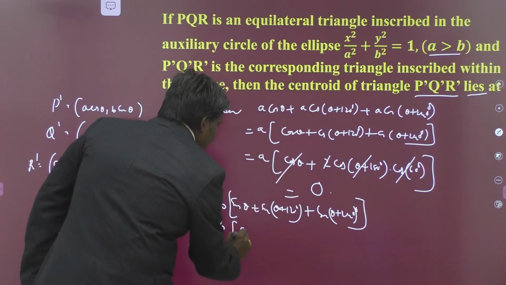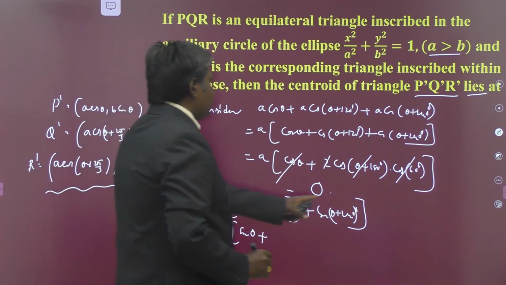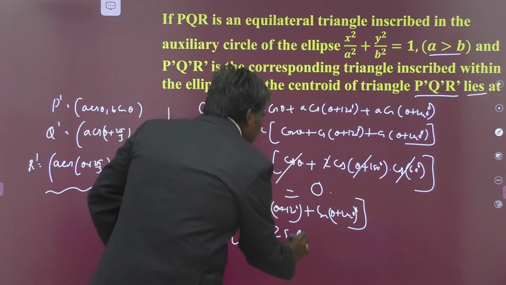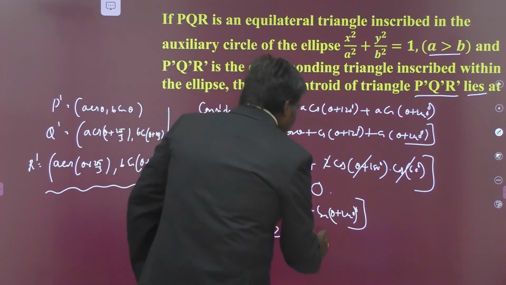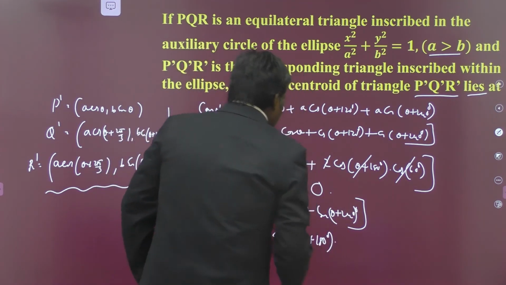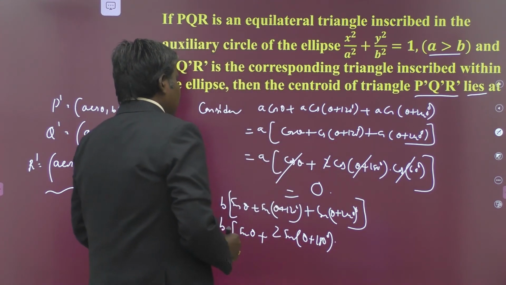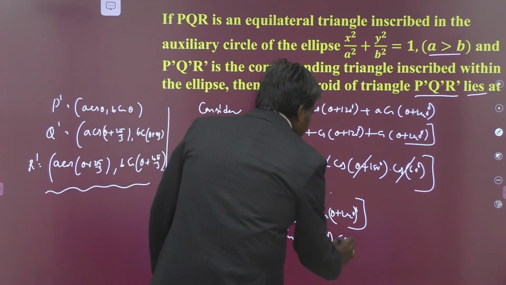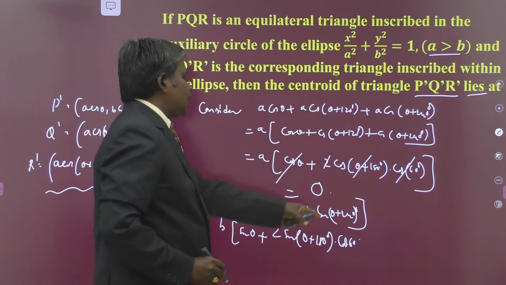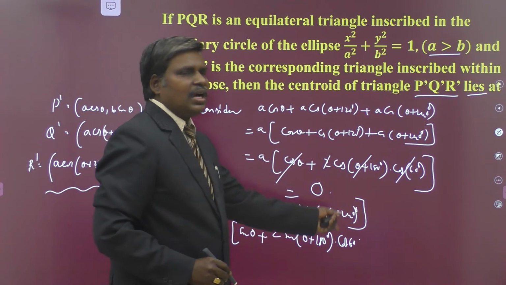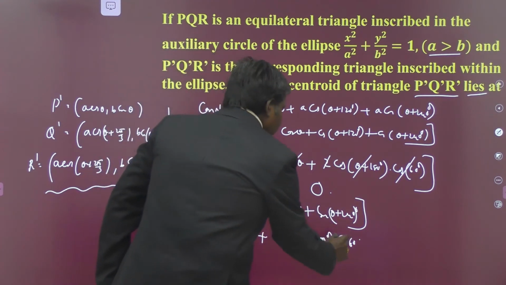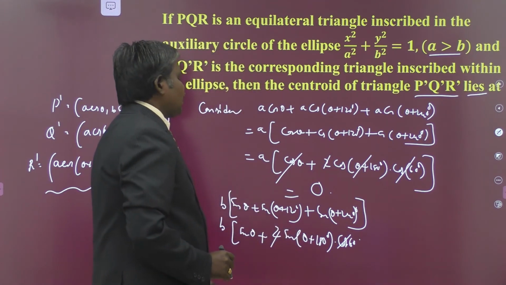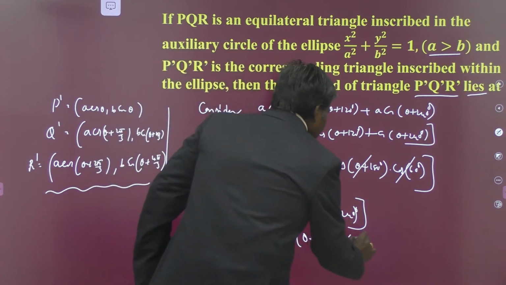Because sin C plus sin D is 2 sin((C plus D)/2) into cos((C minus D)/2), where the first is sin(theta plus 180) and the second is cos 60. So 1 by 2 and 2 gets cancelled. Here also this is minus sin theta plus sin theta, which is 0.